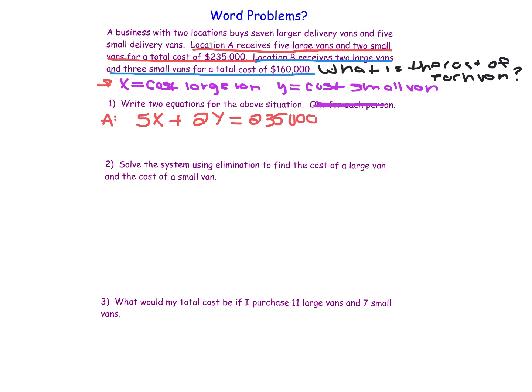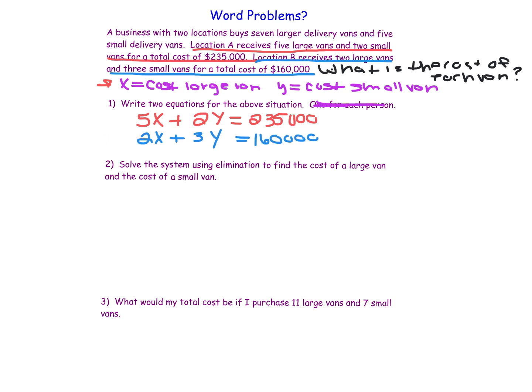So that's how the cost is calculated for location A. Then if I look at location B, we have 2 large vans times the cost of a large van plus 3 small vans times the cost of a small van is equal to $160,000.